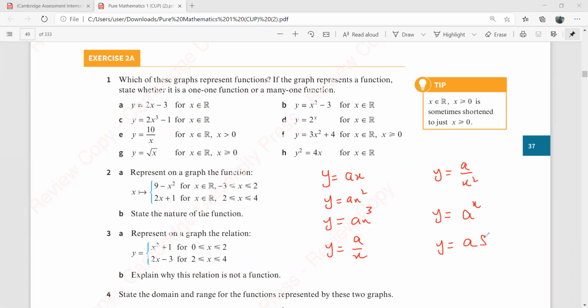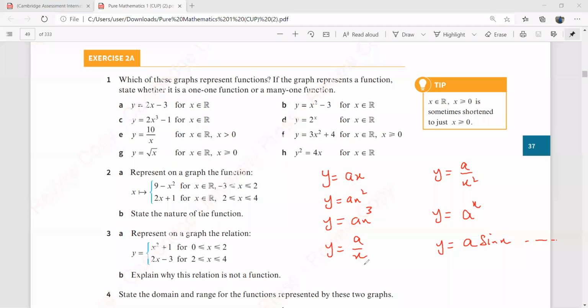Now we have done sine x, cos x, and so on, tan x as well. You have to review all these graphs when you go home. Only then you can respond to these questions 1, 2, and 3.